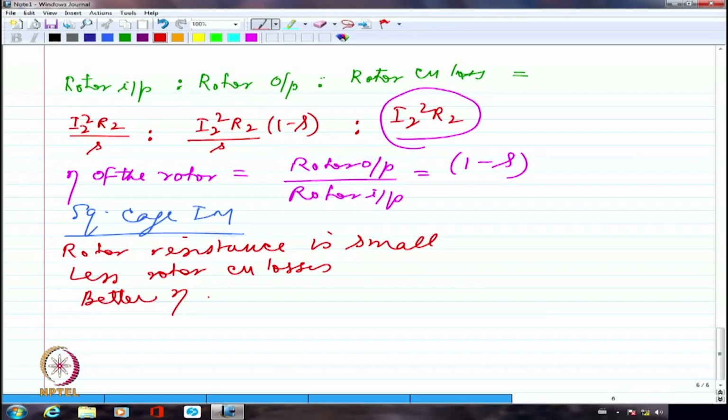So I am specifically orienting my discussion to rotor because I want to differentiate between the two types of rotors. That's the only reason. Absolutely. I am talking only about the efficiency of the rotor, which will have at least some amount of repercussion on the overall efficiency. Right? So I am looking at only from the rotor side currently. We will look at the overall efficiency, of course.